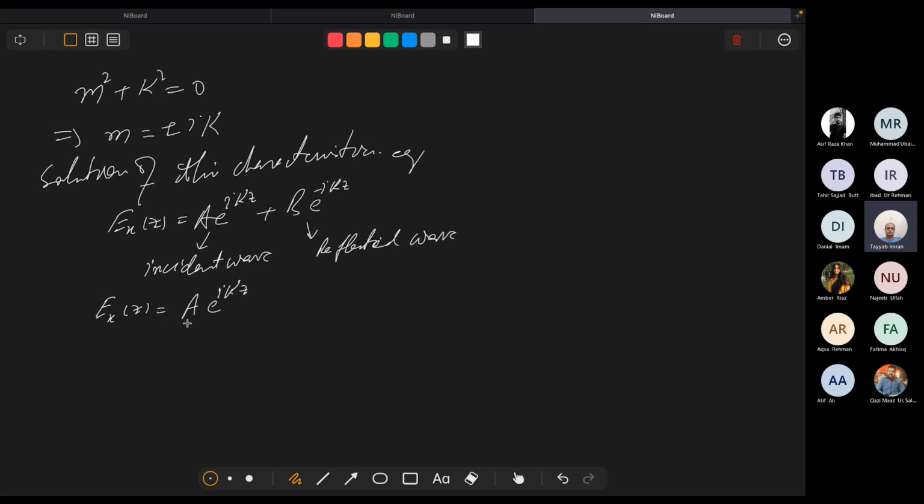सो उस सूरत में you can write like this, and this one obviously is the amplitude. ठीक है, एम्पलीट्यूड ऑफ द वेव प्रोपगेटिंग अलोंग z एक्सिस। ठीक है, x coordinate of the electric field is propagating along the z axis। ठीक है, A is the amplitude. ठीक है, and now if you move further, so we may also write in the form like this, because it's the x component of the electric field.